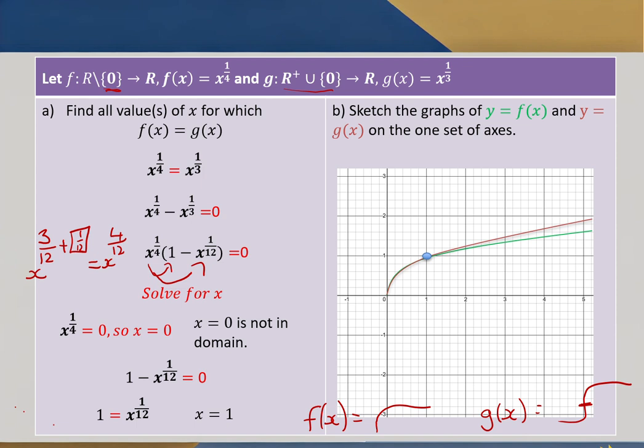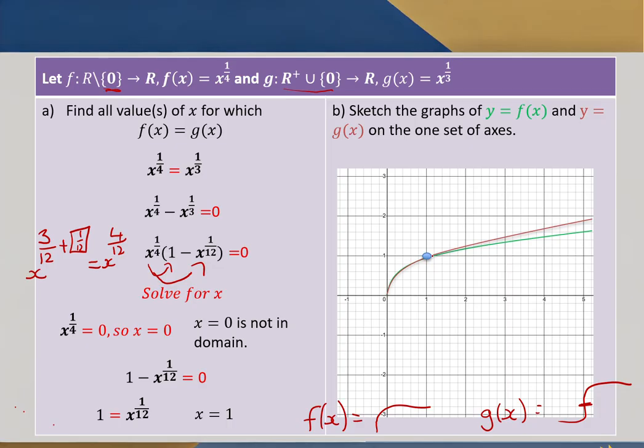The next part we need to be thinking about is which one is going to be bigger than the other. We can clearly see that because this is 1/4, it is going to go up a lot smaller than it would if we had 1/3, which is why you can see in the colors, the brown is going a lot quicker.